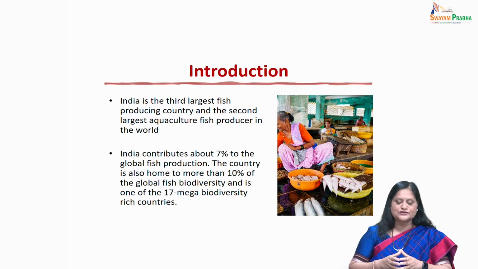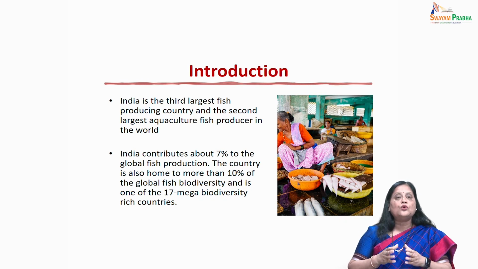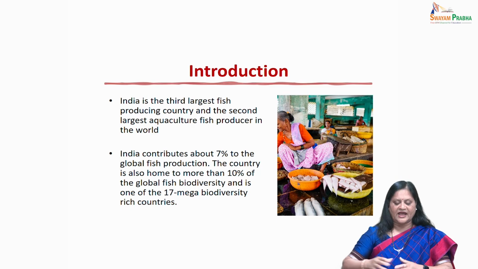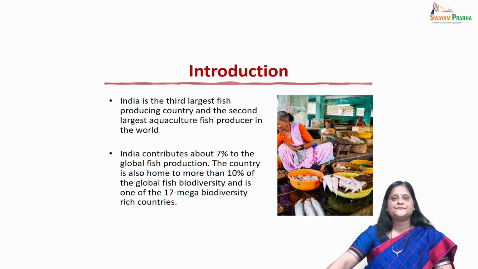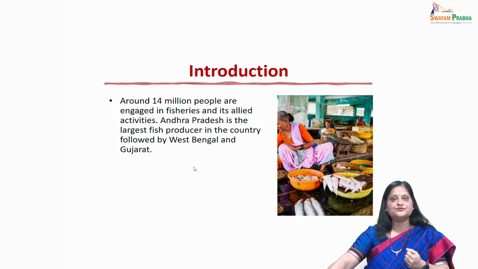The country is also home to more than 10% of the global fish biodiversity and is one of the 17 mega biodiversity rich countries. Around 14 million people are engaged in fisheries and its allied activities. Andhra Pradesh is the largest fish producer in the country, followed by West Bengal and Gujarat.